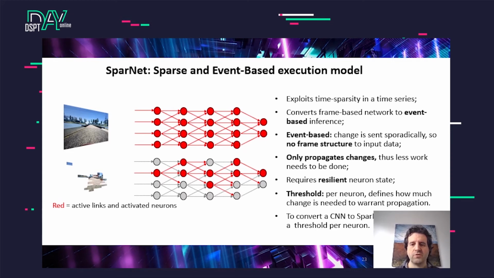Because if you want to propagate all the change, you're going to get a lot of noise in the network, and you're going to do a lot of processing, just processing noise. So you put a threshold that tells you how much change in one output warrants a propagation of the change. So the essential part of the conversion of a normal CNN to our SparNet is just providing this threshold.